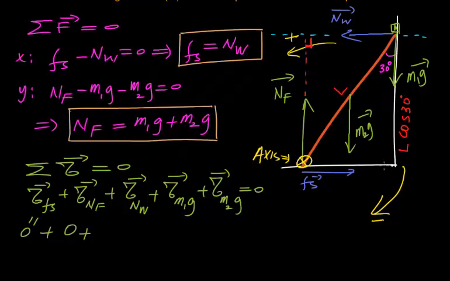The part that is on the other side here, it's L sine 30. I'm going to need that one in a minute. Okay? So the torque due to the normal force of the wall is the normal force of the wall times L cosine 30.